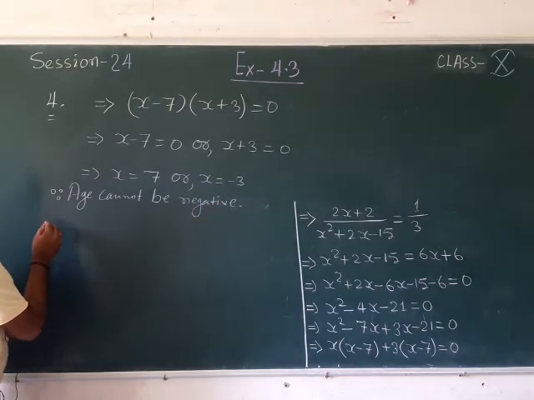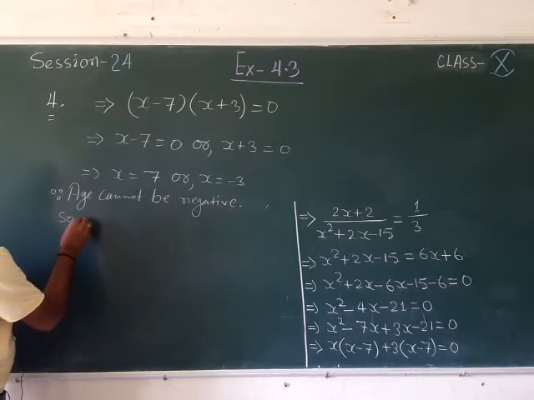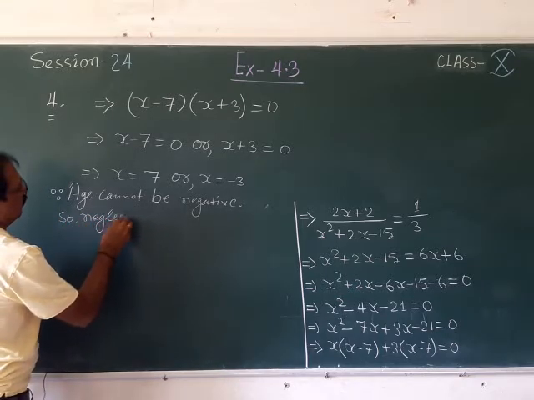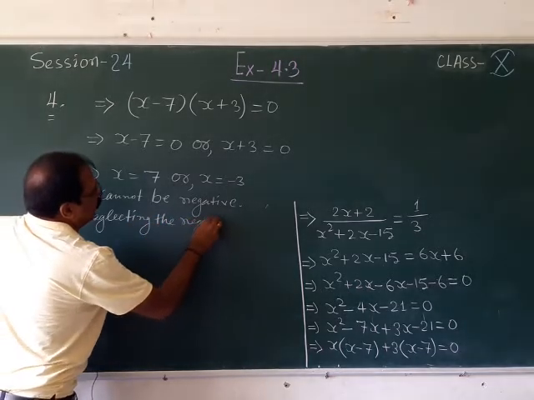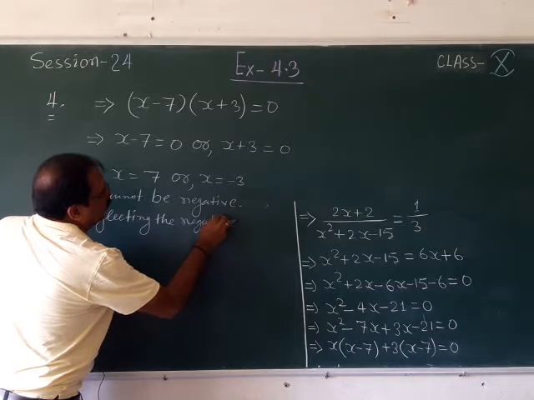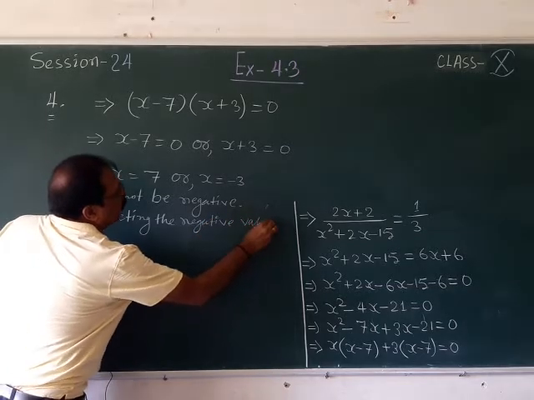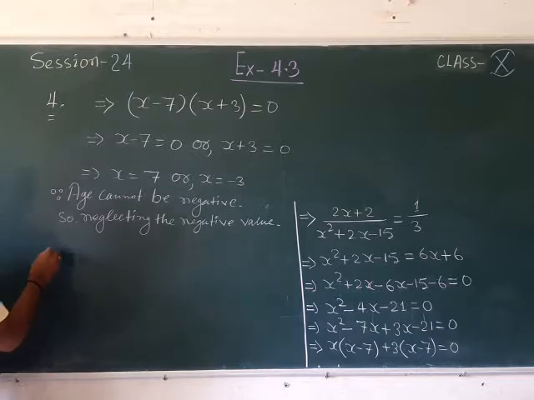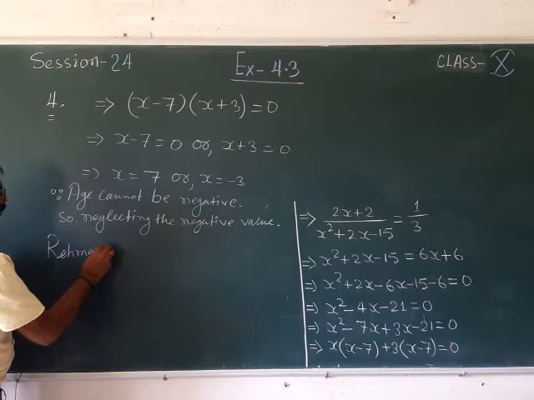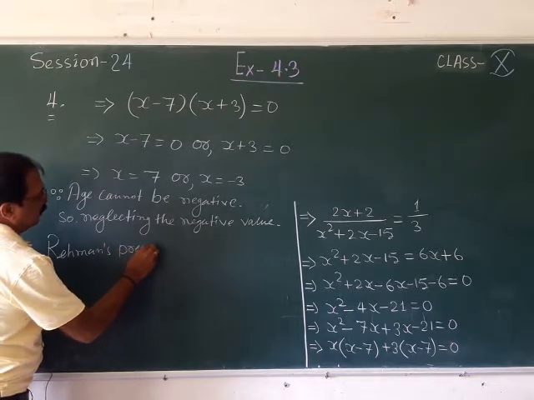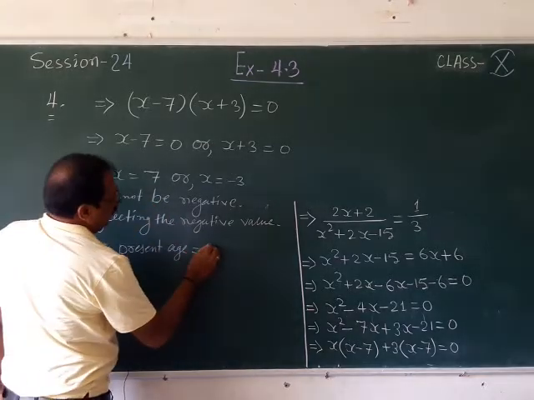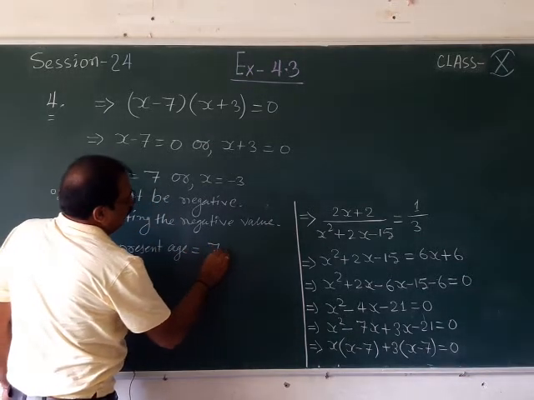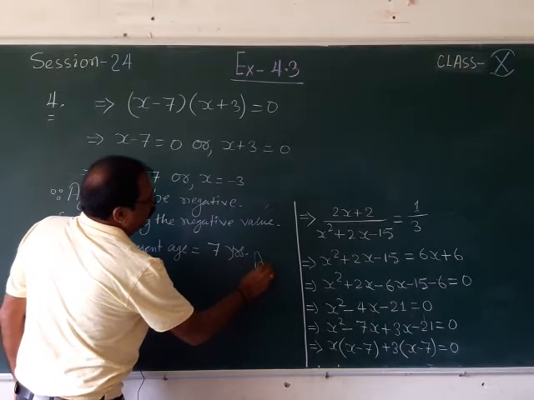Therefore, neglecting the negative value, Rahman's present age is, you have to take as 7 years, and that is your answer.